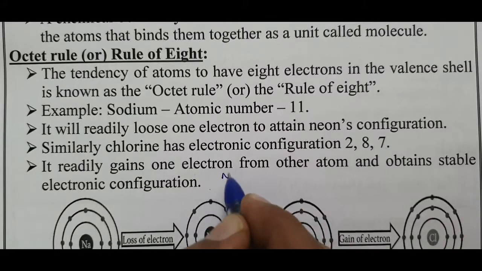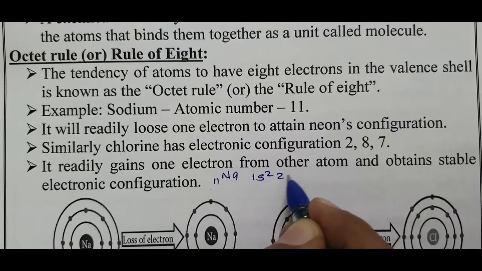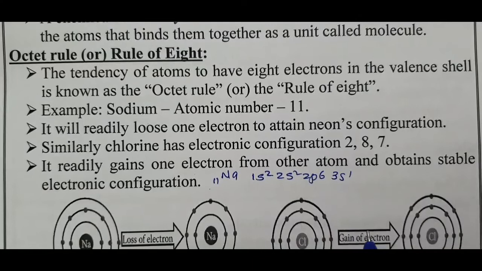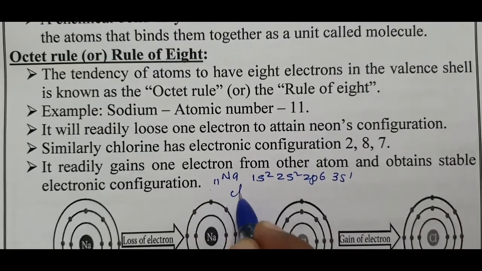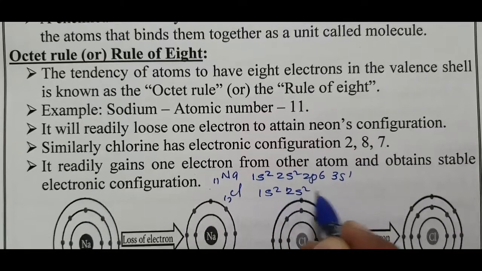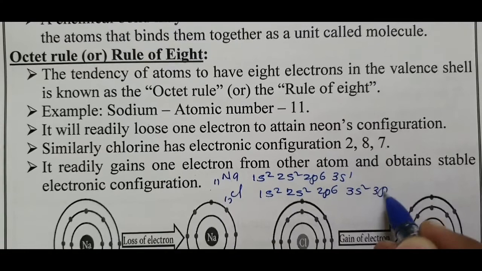Sodium, atomic number 11, electronic configuration 1s2, 2s2, 2p6, 3s1. And chlorine, atomic number 17, electronic configuration 1s2, 2s2, 2p6, 3s2, 3p5.